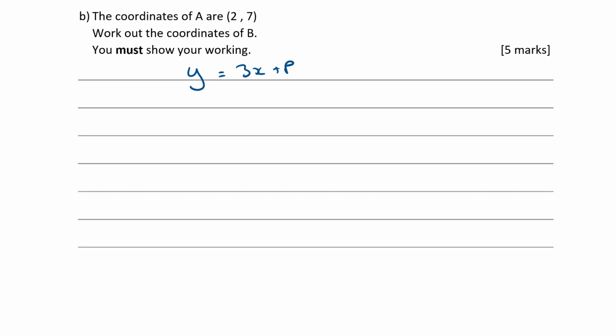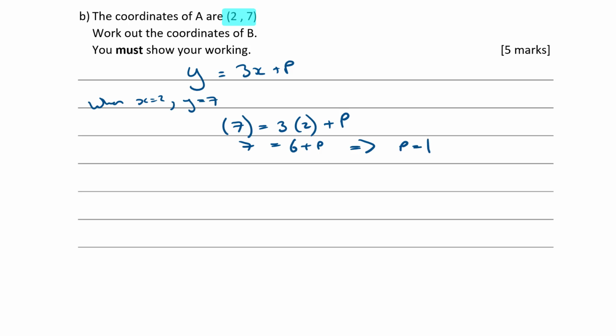Now we've got a pair of values that go together, our coordinate of A. We can say that when x equals 2, y must be equal to 7, which gives us a means to evaluate what p is. So sub in x and y into this equation, I'm going to get 7 is equal to 3 lots of 2 plus p. In other words, 7 is equal to 6 plus p, so that makes p equal to 1.